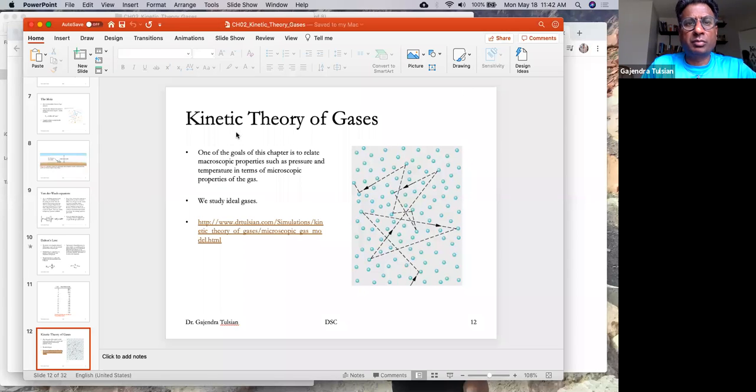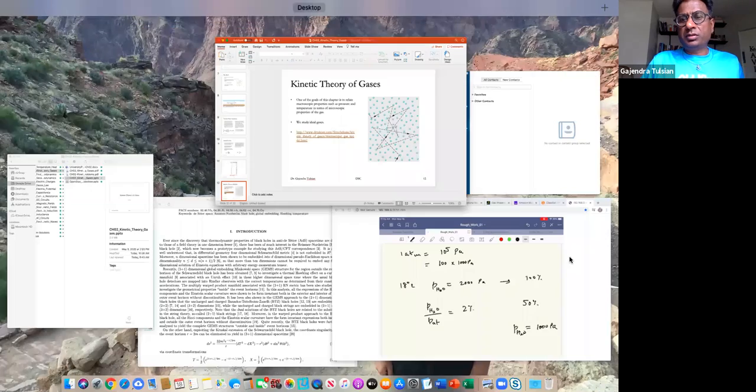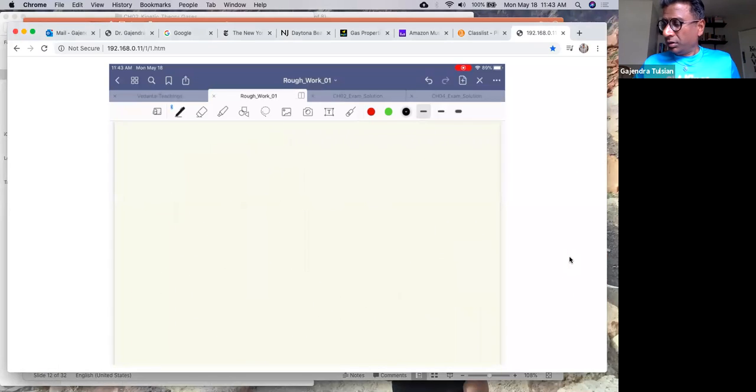All right, now we're getting to the meat of the chapter. By the way, the mass of an atom, let's put this in perspective. Most of your masses are about 60 to 100 kg.